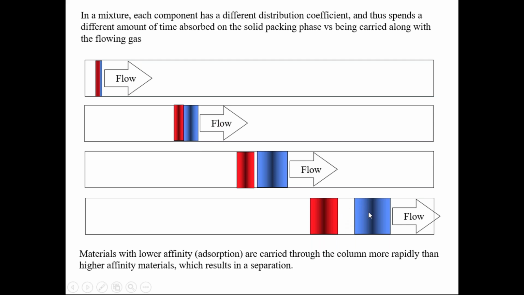The analytes which spend less time on the stationary phase and more time in the mobile phase will elute first, whereas analytes like the red one spend more time in the stationary phase and less time in the mobile phase. So this is how progressively the separation takes place, and because of the partitioning or the ion exchange, you get a Gaussian distribution.